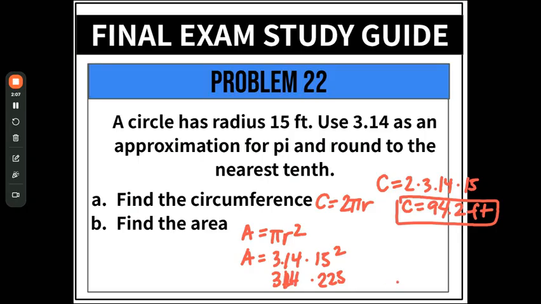And when we multiply that out, we're going to get A equals 706.5 feet squared. And since it's area, our units are going to be feet squared.